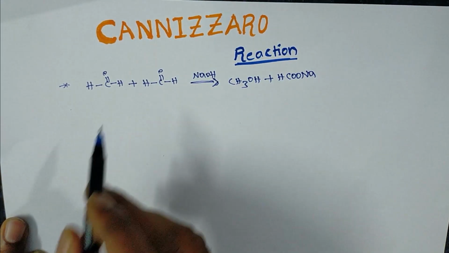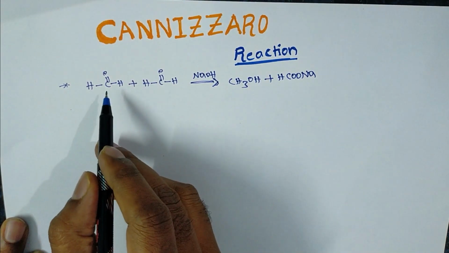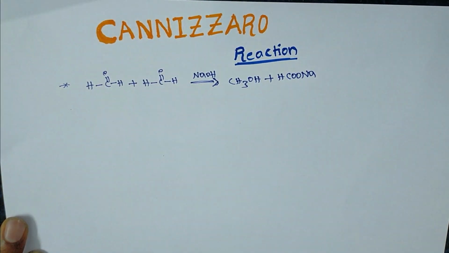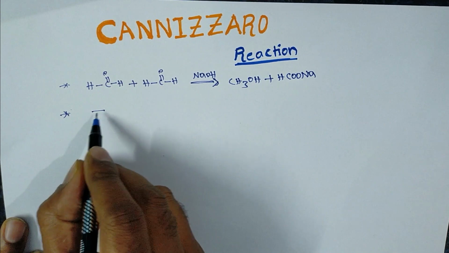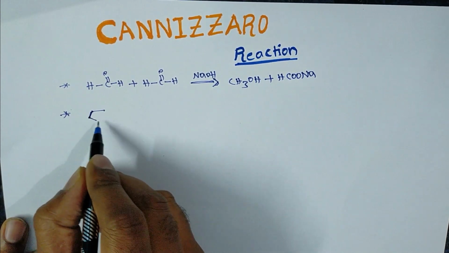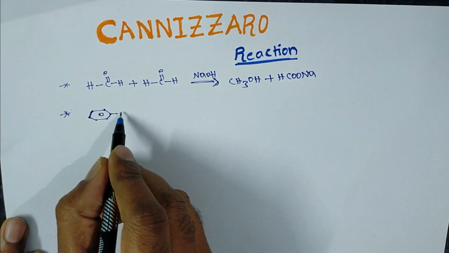Here the condition is that the aldehydes must not have alpha hydrogens. Okay students, so take another example, benzaldehyde. In benzaldehyde also there is no alpha hydrogen.